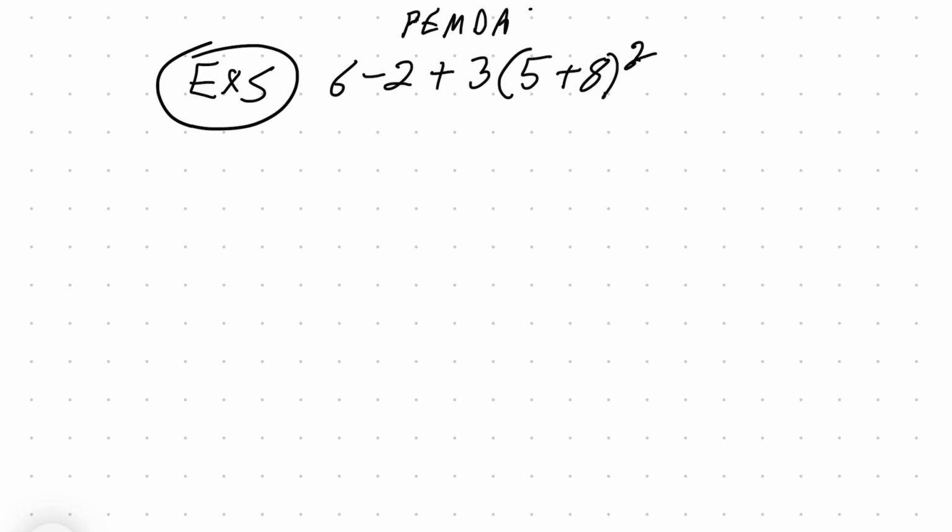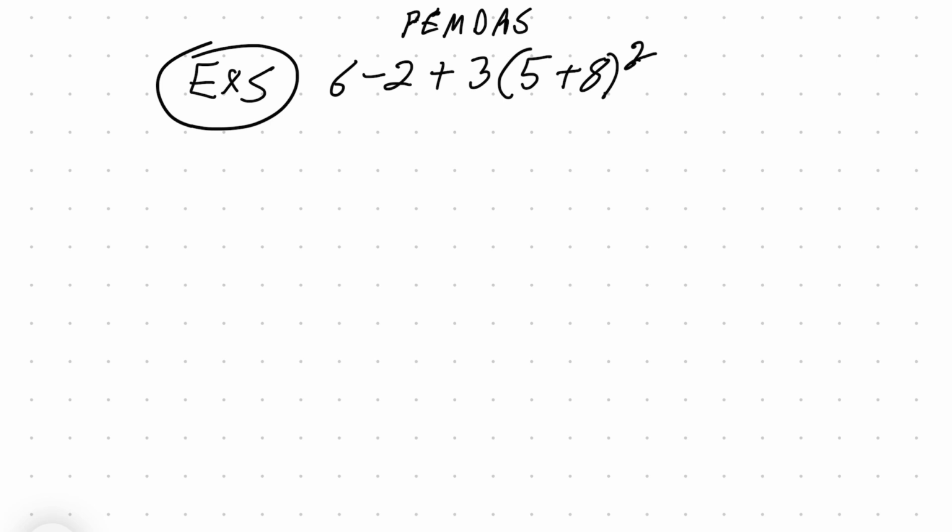Okay, example 5: 6 minus 2 plus 3, parentheses, 5 plus 8, parentheses closed, to the second power. Write PEMDAS above the problem. Now, of course, you don't have to do that all the time, but if you're a beginner, I recommend it.